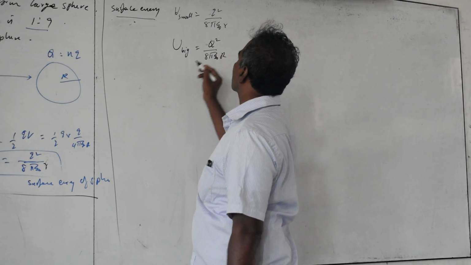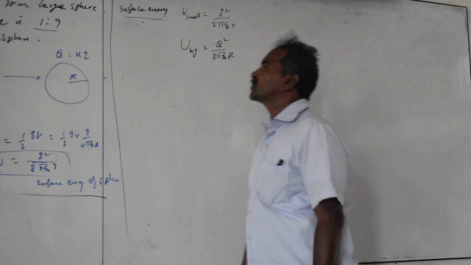Ratio they ask. Wherever capital Q is there, you have to replace it with n into small q.